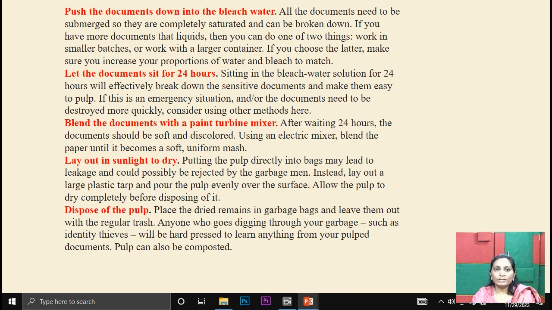Then push the documents down into the bleach water and let them sit for 24 hours. After waiting 24 hours, the documents should be soft and discolored. Using an electric mixer, blend the paper until it becomes a soft uniform mesh. Lay it out in sunlight to dry. After that, dispose of the pulp.